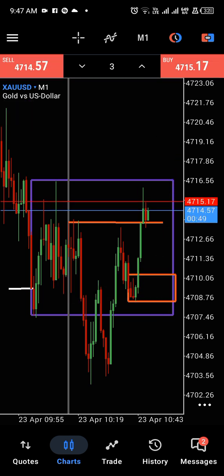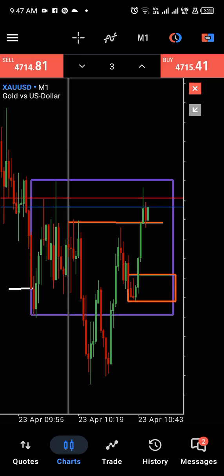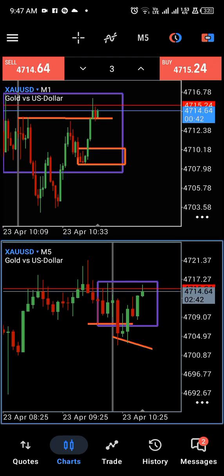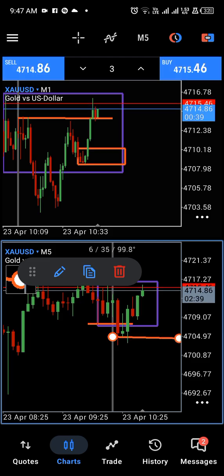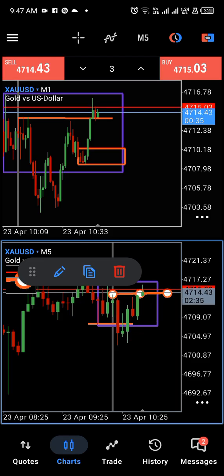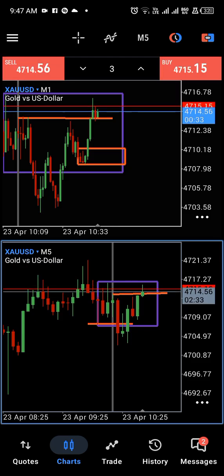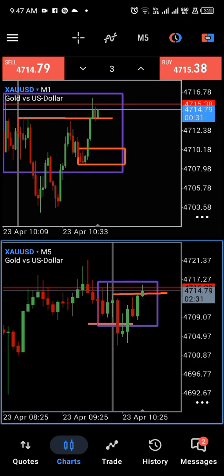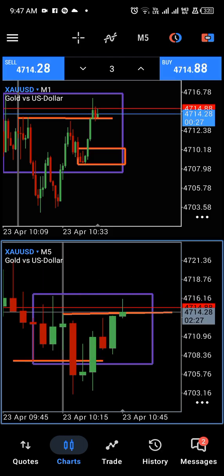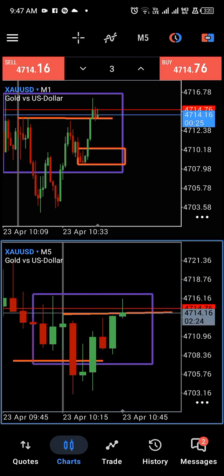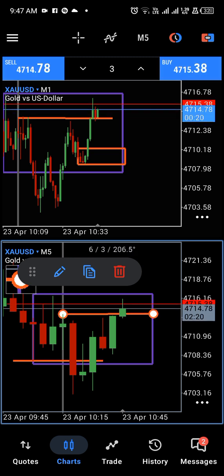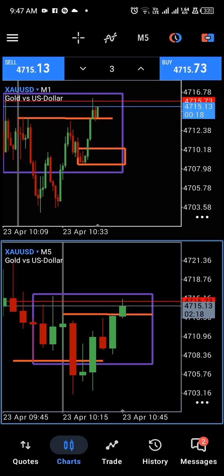Let us open the 5-minute time frame so that I can show you what I'm talking about. You can see here, the 5-minute time frame is also bullish. One thing that has been difficult for me so far was not taking trades.